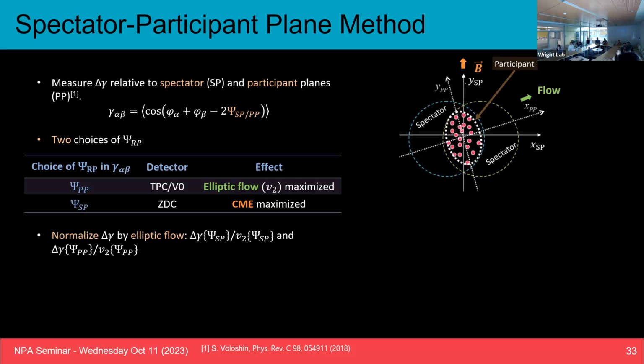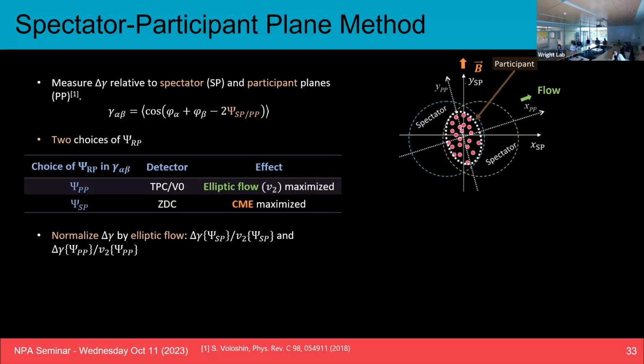If you calculate V2 for the spectator plane and it is not reasonable, it means that the estimation of the event plane resolution is wrong. But it can cancel out in this ratio, so we don't have to get the event plane resolution. This is a nice thing about this method.